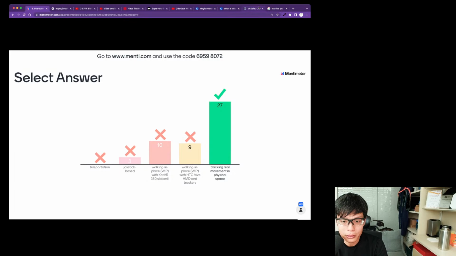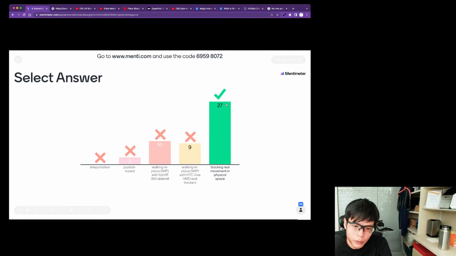A lighthouse setup can support quite big rooms with just two lighthouse sensors. So that's totally fine. That's why the answer is the best answer: we should track the real walking movement in a physical space and translate that to the virtual space.